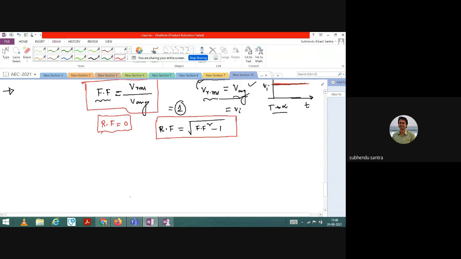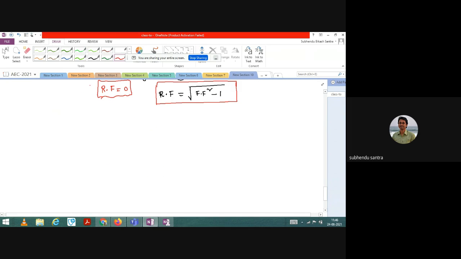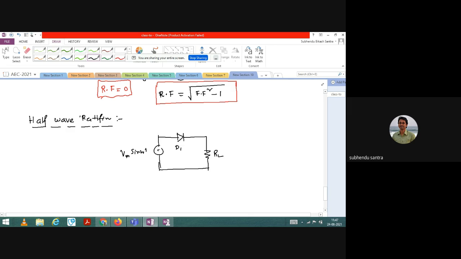Now let us discuss the half wave rectifier, and we will calculate all these parameters. The half wave rectifier is very simple, so I will use one simple circuit: diode D1, and let us say Vm sine omega t is the supply Vi. The output voltage is V0.